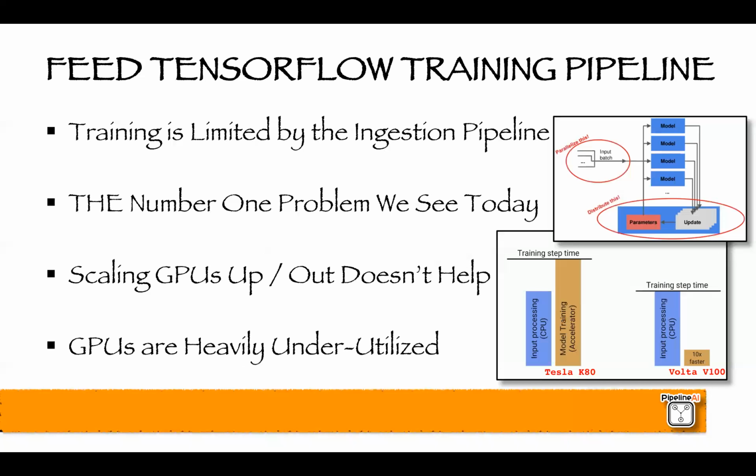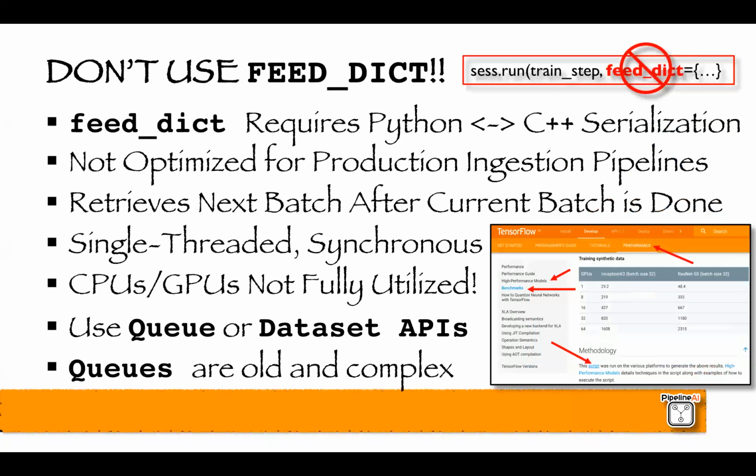Big takeaway here: don't use feed dicts. This is in a lot of the sample code. This reminds me of the Spark collect method, when you would grab a demo off of the Databricks site or the Spark site, you would run it. You wanted to run collect because you wanted to make sure that the answer was being calculated across this cluster.